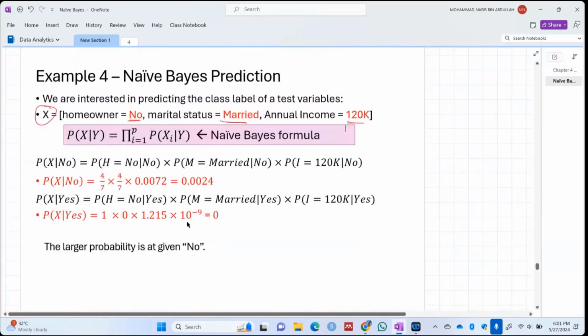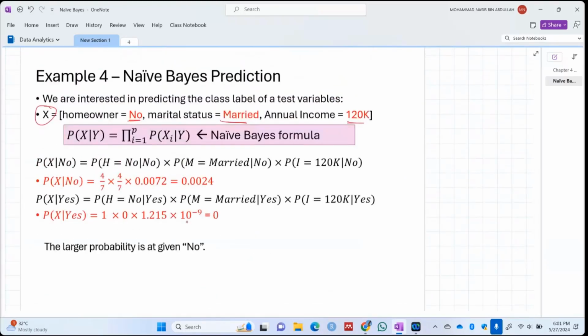So first step, we calculate the probability of X given no, which is the class conditional. So homeowner no given D no, marital married given D no, annual income 120 given D no. So this is the first class, right?